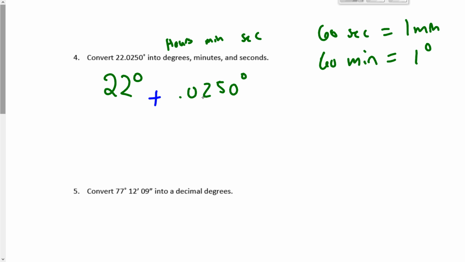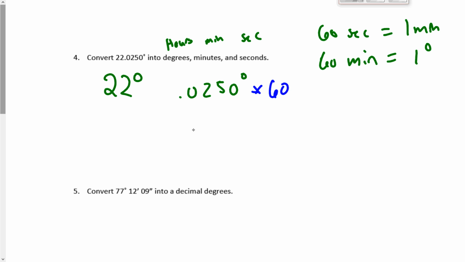This is 0.025 degrees, and I'm asking how many minutes are in there, so I want to times by 60, and I don't need this plus sign here. That makes better sense, because if this was 1 degree, that'd be 60 minutes, right?